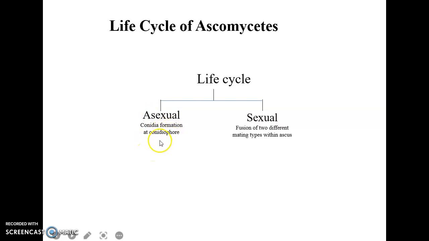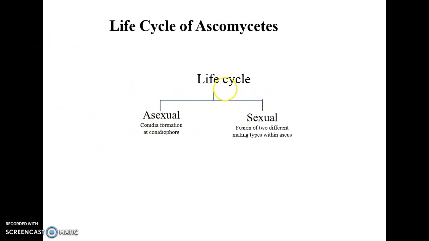So these dust particles, or conidia, are formed on the conidiophore. If the conidium lands in suitable environmental conditions, it grows and forms a haploid mycelium, and in this way the asexual mode of reproduction is complete.